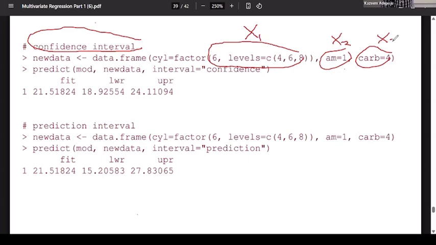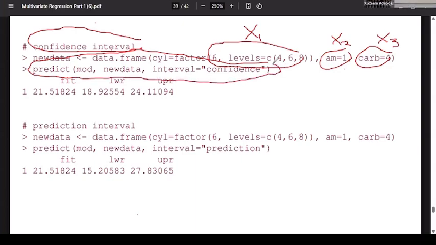But what I want is a prediction for the MPG, the response variable, and the prediction I want is the average. Then look at the code in R. Predict, mod, of course, mod is the model that you fitted initially, right?